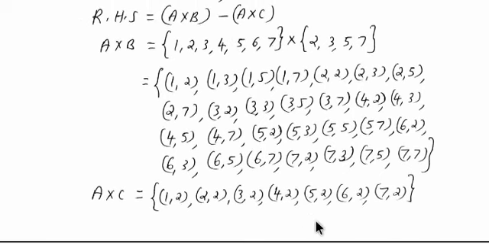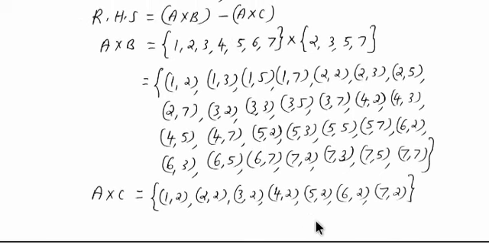Here 1, 2 and 1, 2 are common, they can be cancelled. Then 2, 2 and 2, 2 cancel since they are common. Then 3, 2 and 3, 2 can be cancelled. Then 4, 2 and 4, 2 can be cancelled.